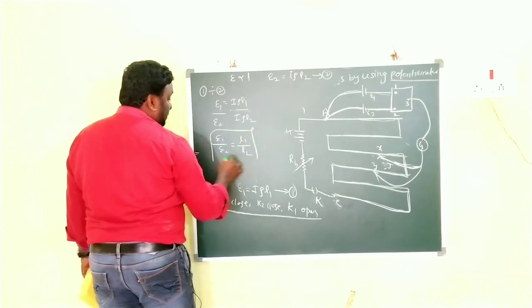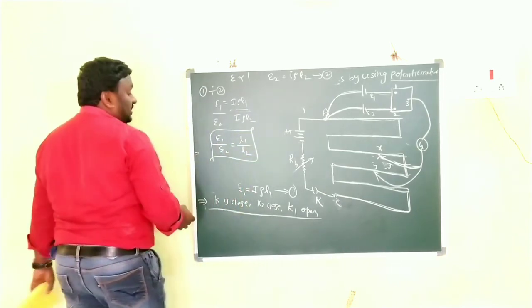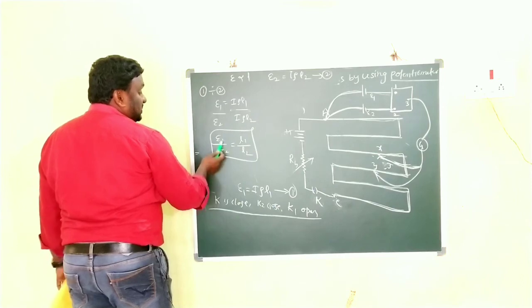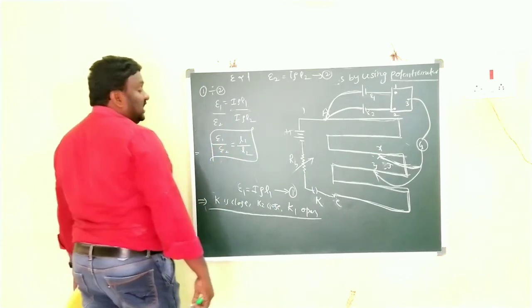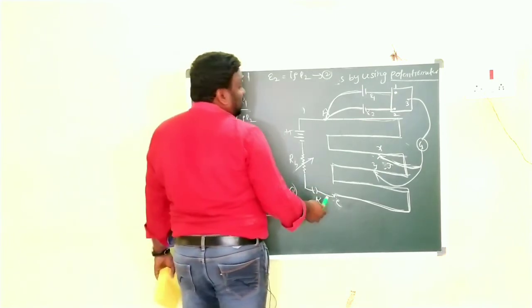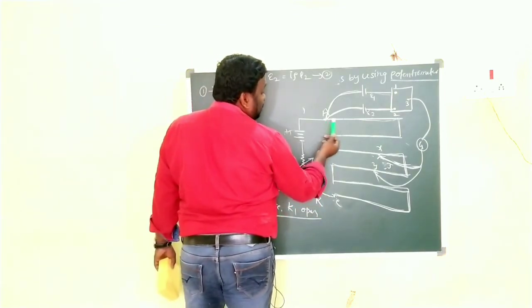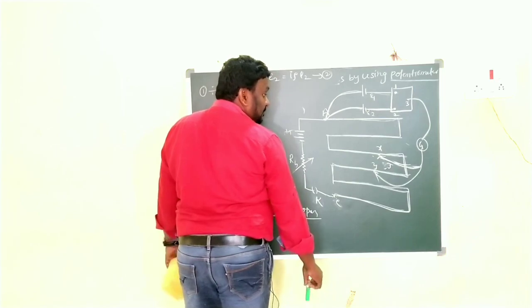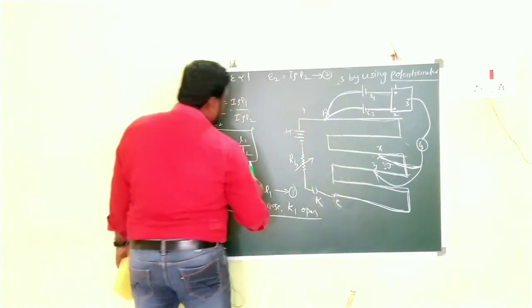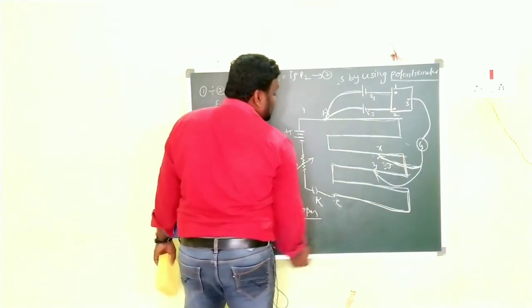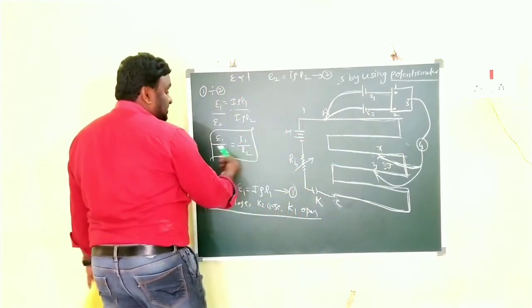So this is the formula to compare the EMFs of two given cells: epsilon 1 by epsilon 2 and L1 by L2. Already we know, children, L1 is the distance from A to X, which we can find very easily by using a scale. That is a known value, and A to Y also we can measure by using a scale. That is L2.